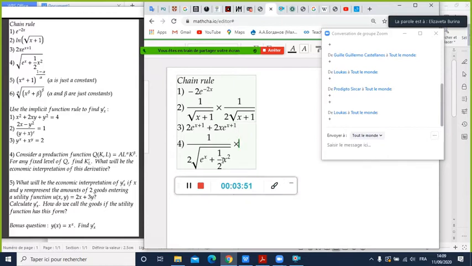Then we have to multiply by the derivative of the inner function. The inner function in this case is the whole thing, e to the power of x plus 1 over 2 x squared.